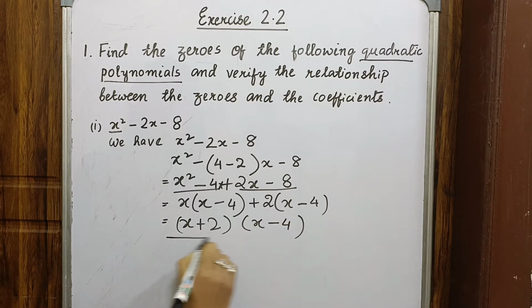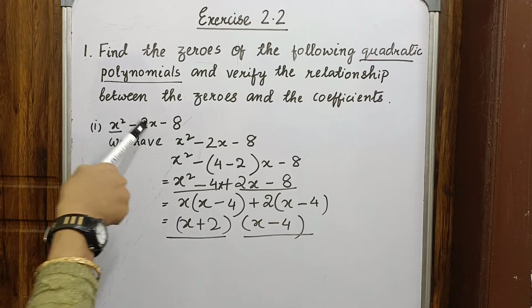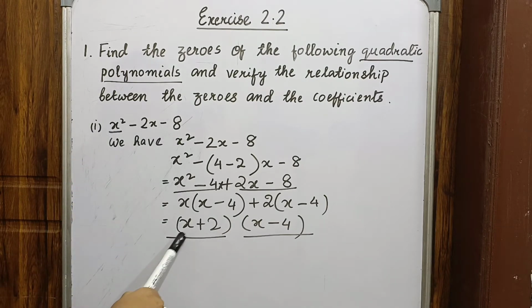So this quadratic polynomial will be 0 when x plus 2 equals 0 or x minus 4 equals 0, so x equals minus 2 and x equals 4.